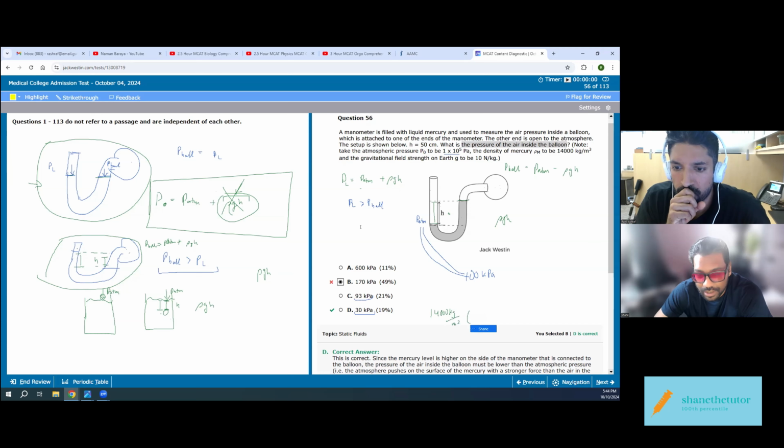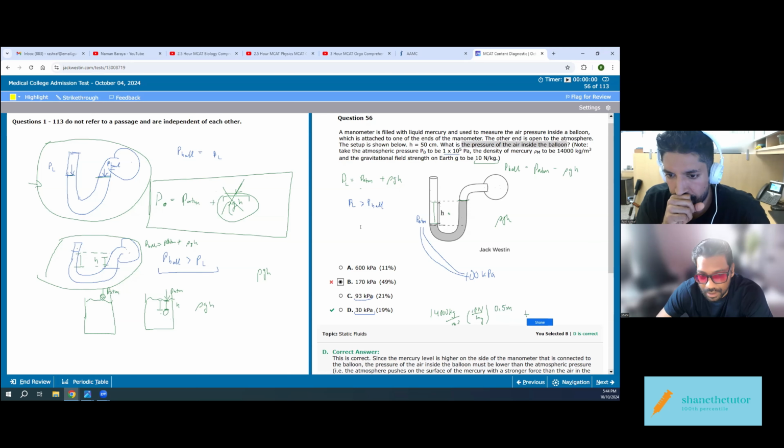And then G, we can use this value here, 10 newtons per kilogram. I mean, there's also 10 meters per second squared, and it's the same exact thing, but it's more useful to use newtons per kilogram because that way we get to eliminate the kilogram part. And then H, which is 50 centimeters, which is just 0.5 meters, right?